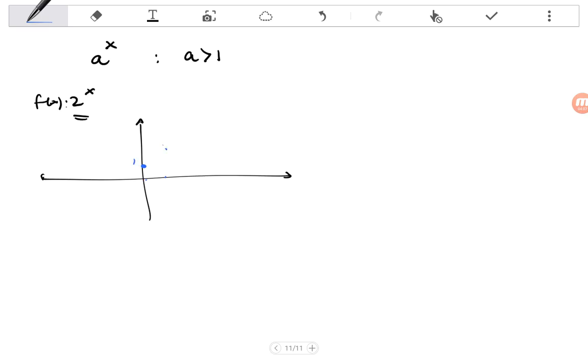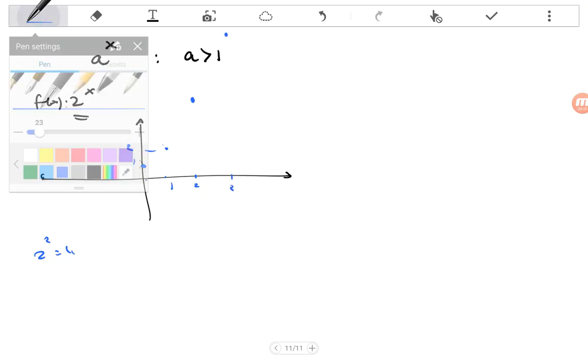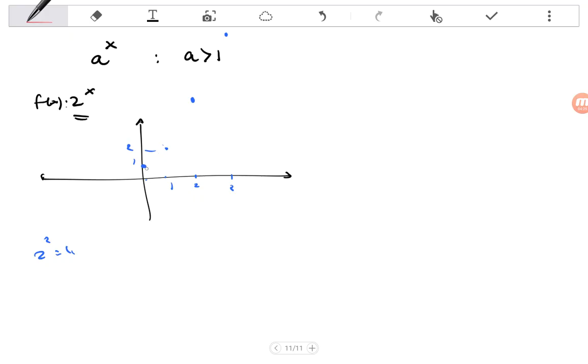Then 2 power 1 gives me 2. Then 2 power 2 gives me 4. In this case, it will be just up there. 2 power 3 gives me 8. So in this case, that will be the function.